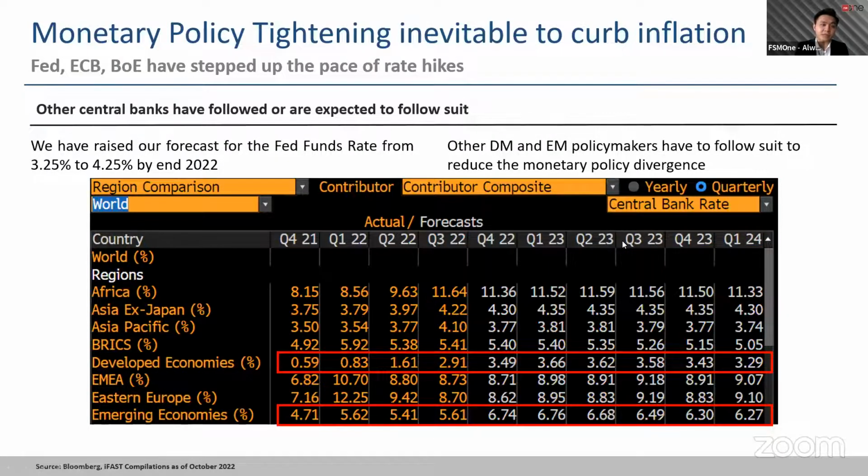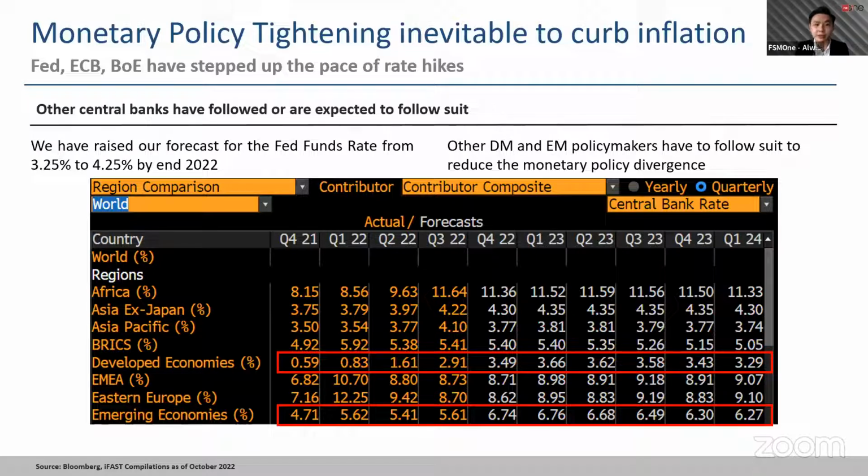So with inflation expected to remain elevated for the years and months ahead, we think that monetary policy tightening is inevitable to curb inflation. And we have raised our forecast for the US interest rate from 3.25% to 4.25% by the end of 2022.